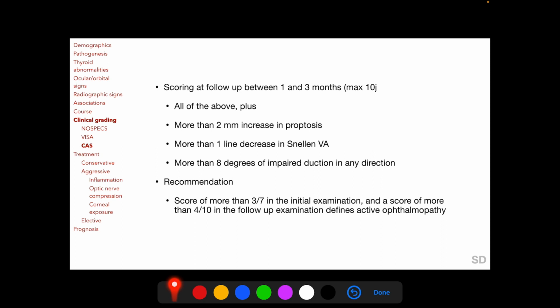And if the score is 4/7 or more in the initial examination or 5/10 or more in the follow-up examination, the ophthalmopathy is defined as active and aggressive treatment needs to be instituted. So in summary, NOSPECS defines severity of the disease, CAS defines activity of the disease, VISA describes both the severity and the activity of the disease.